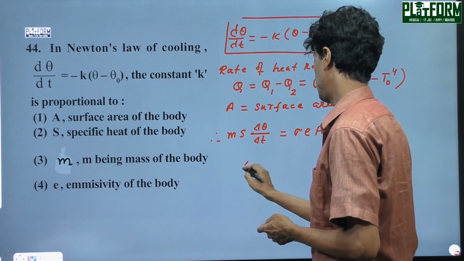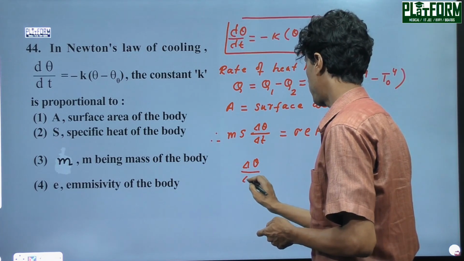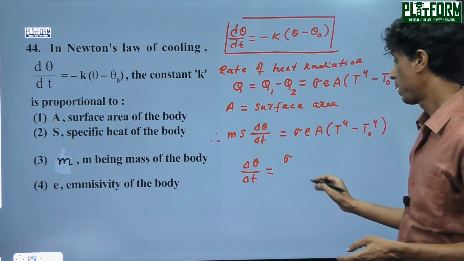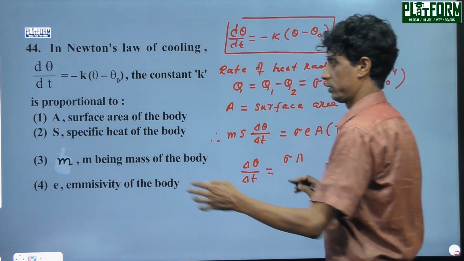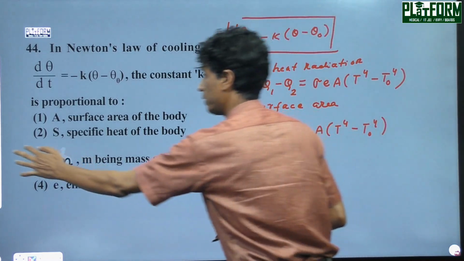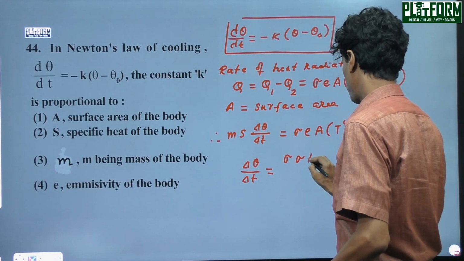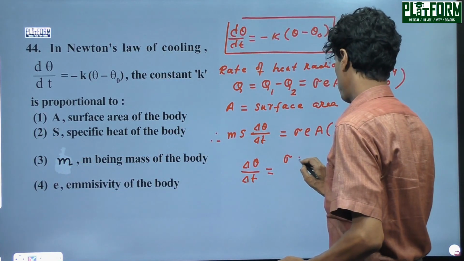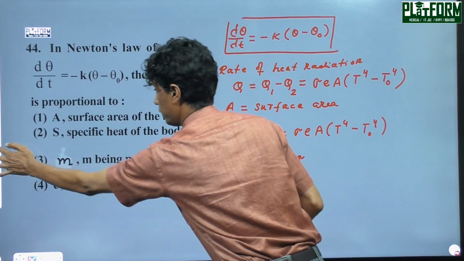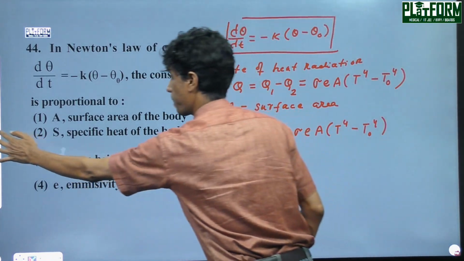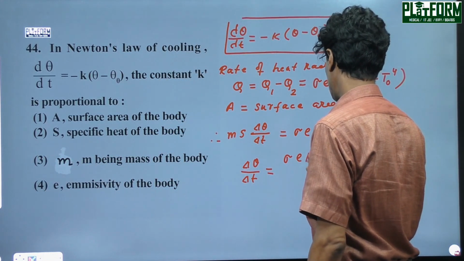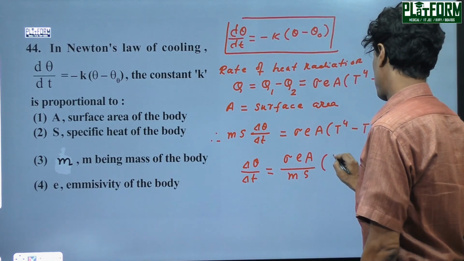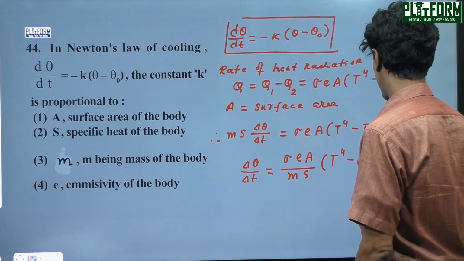Here del theta by del t is the rate of cooling, sigma is the Boltzmann constant, and E is the emissivity of the body. So del theta by del t is equal to sigma E A by M S into T to the power 4 minus T naught to the power 4.